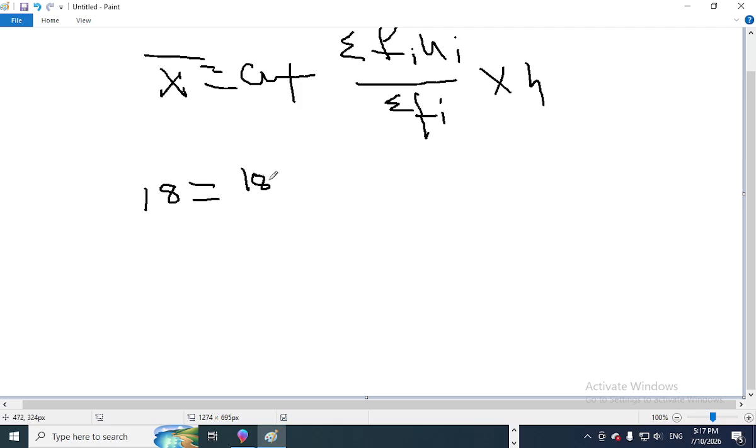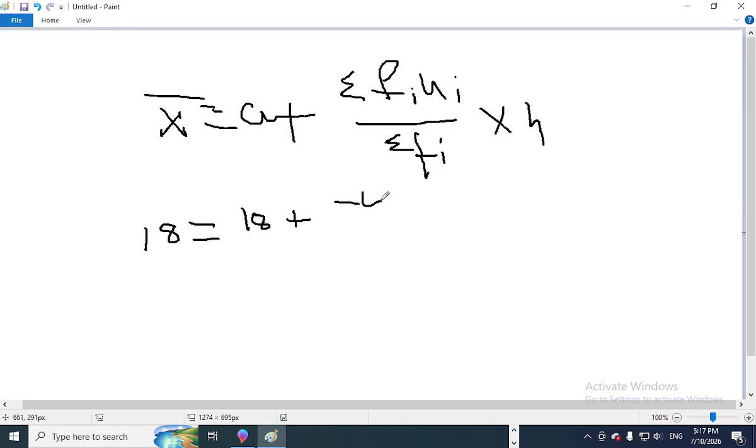We have taken the assumed mean as 18, and sigma Fi Ui is minus 20 plus F. Then the next one, sigma Fi is 44 plus F. Then the height of the class we observed as 2.